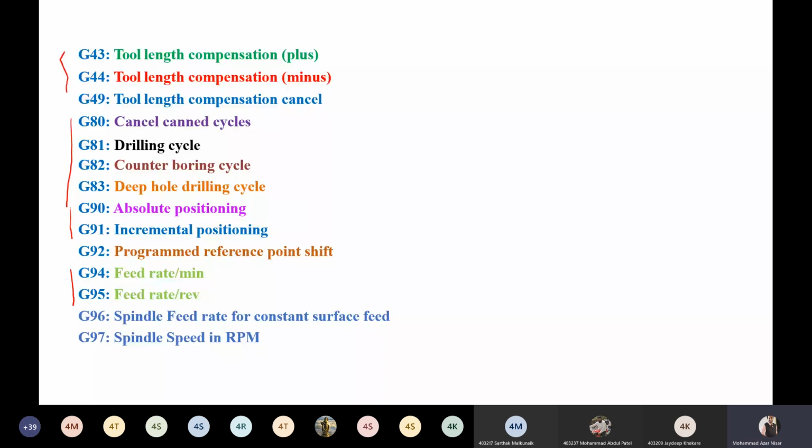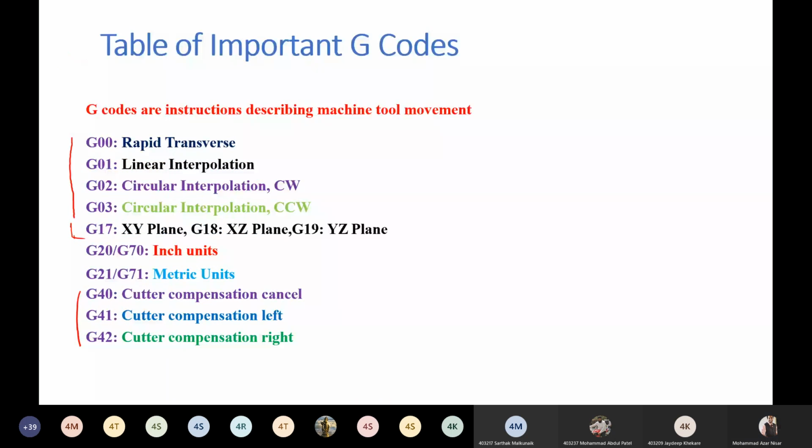For G codes only, you can count 1, 2, 3, 4, 5, 6, about 15, 25 codes are enough to remember, but you can remember these codes just by how they get operated, so that you can remember them for a lifetime.